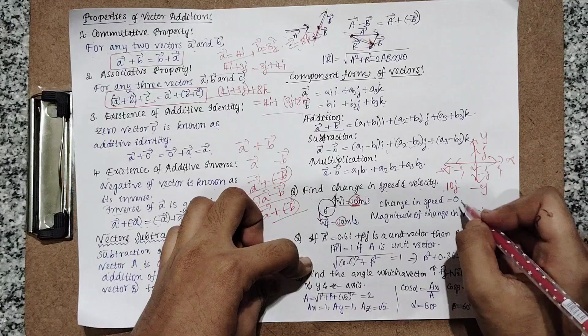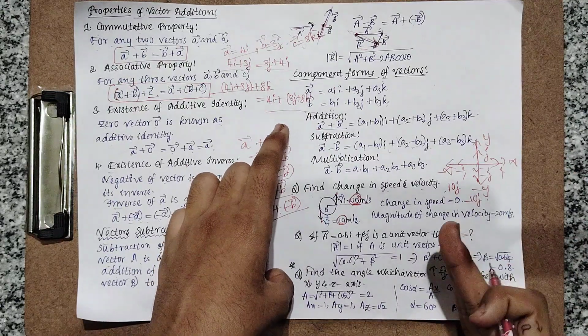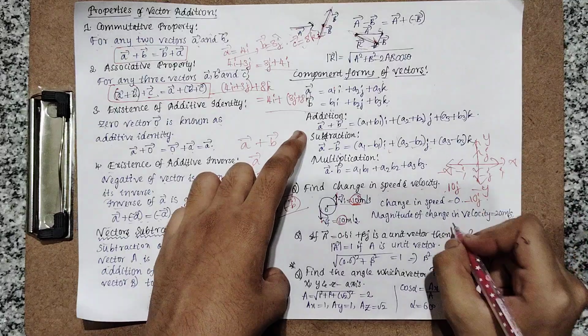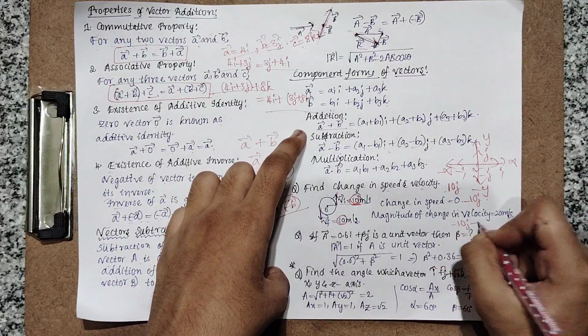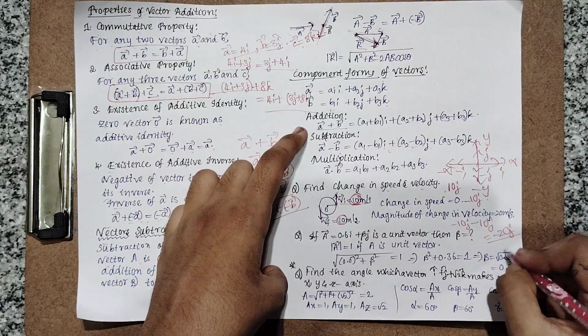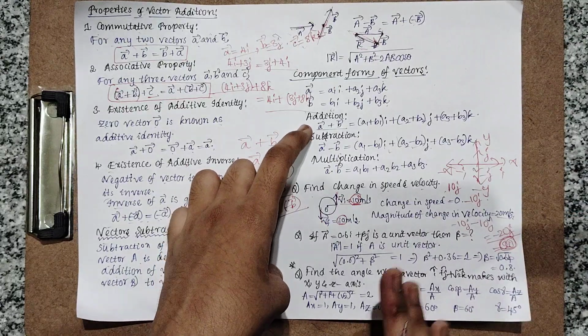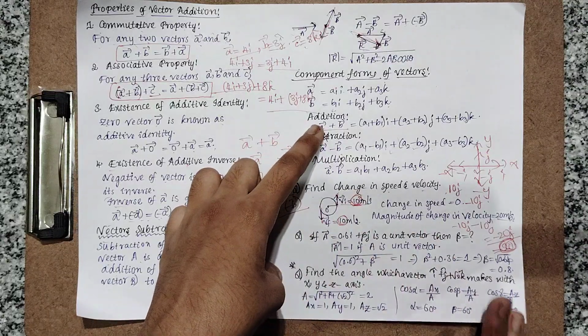This v final is minus 10j. Now what is the magnitude of change in velocity? Final minus initial. It means minus 10j minus 10j, that is minus 20j. And the magnitude of this will be equal to 20 meter per second. Magnitude should always be a positive value.